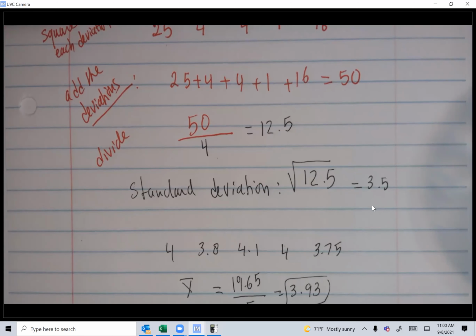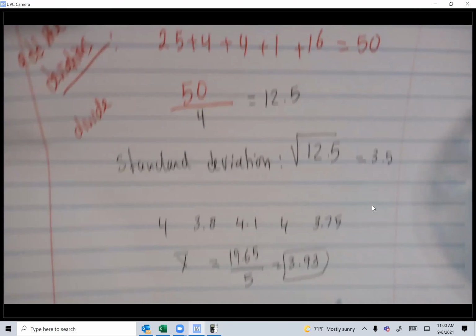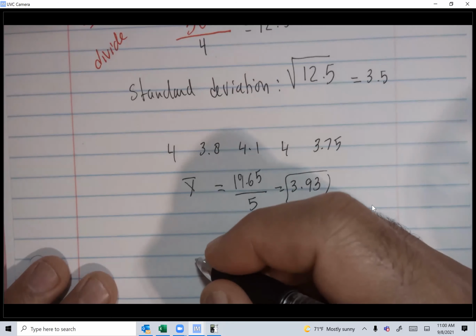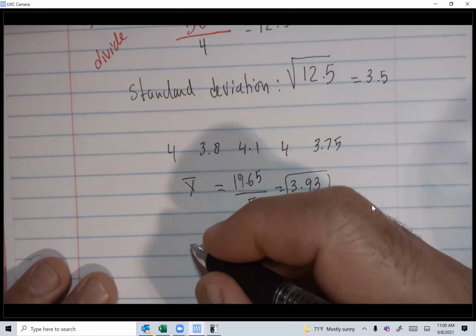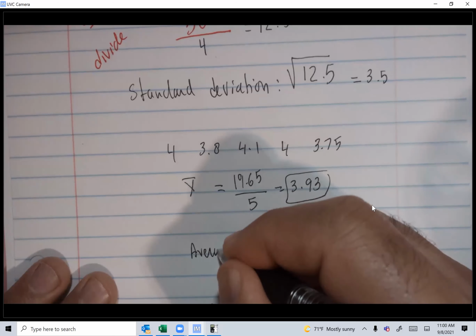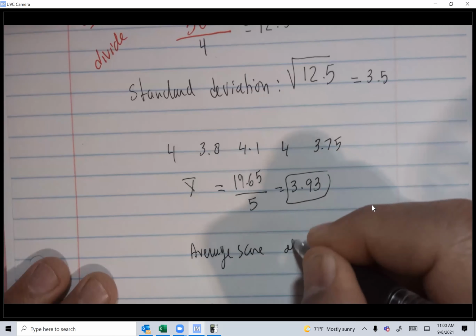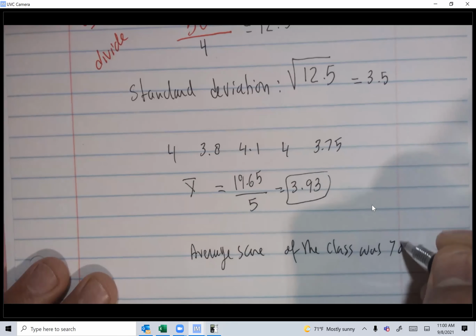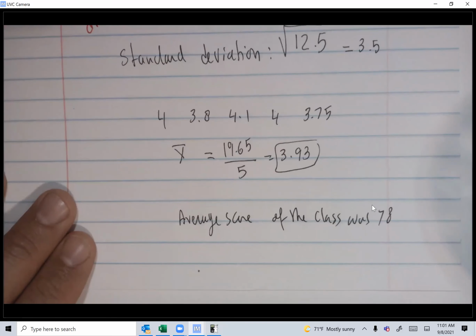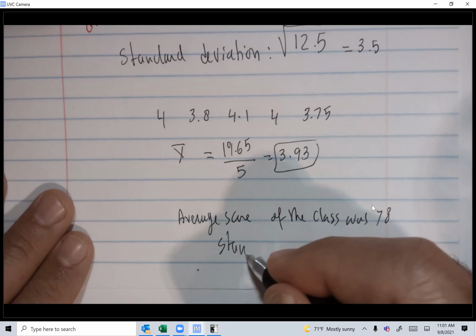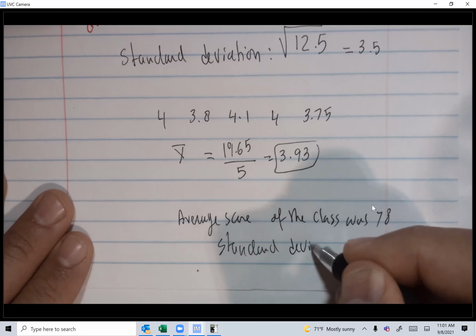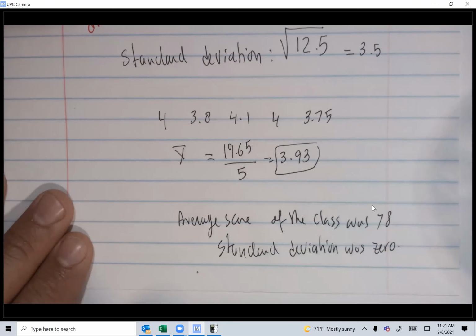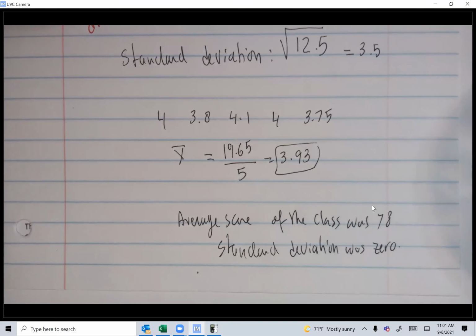Please participate in that. Let me ask you this question, guys. If I come to you next time after you take the first test and I tell you the average score of the class was 78 and the standard deviation was 0, what conclusion will you make about how students did in the class?